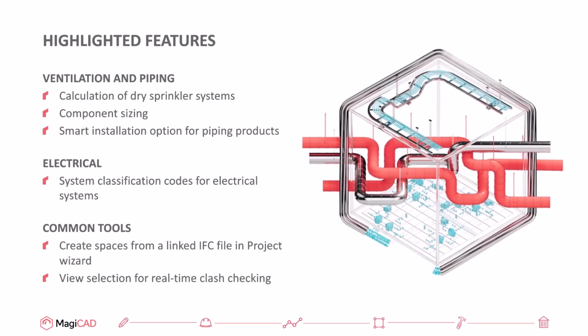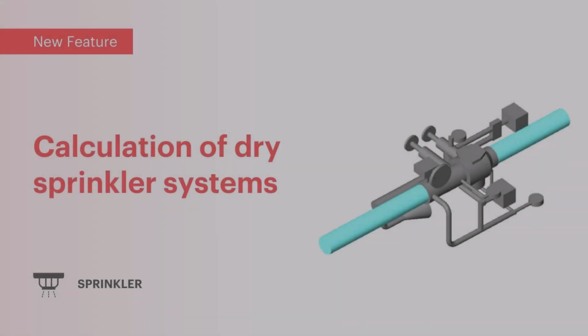On the electrical side, we have the possibility to add system classifications on electrical systems. And on common tools, there's now some extra flexibility in terms of turning rooms in a linked IFC file to spaces in a Revit project. This feature is included as part of the Project Wizard tool. And last, the new view selection in real-time class checking. So let's go.